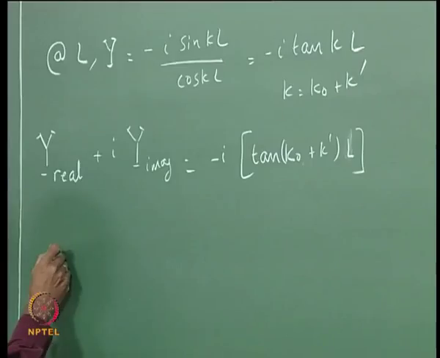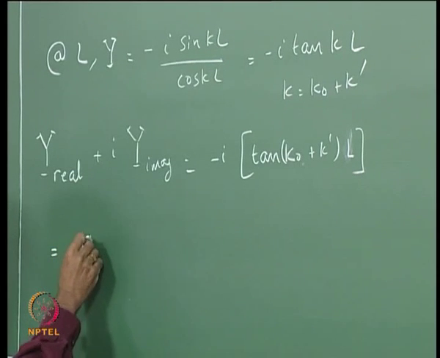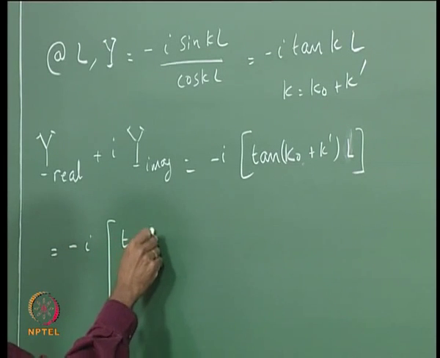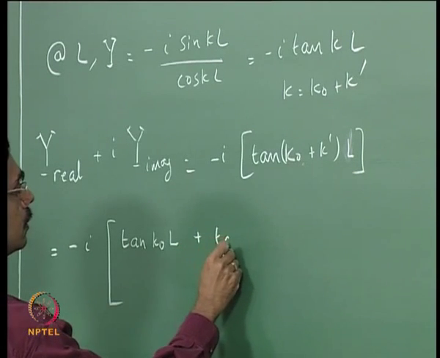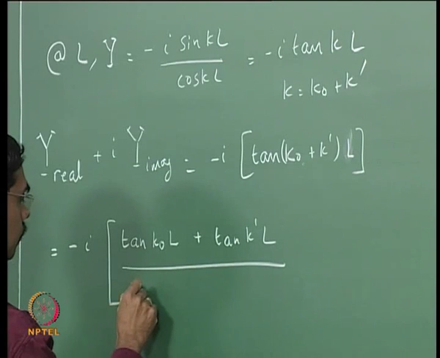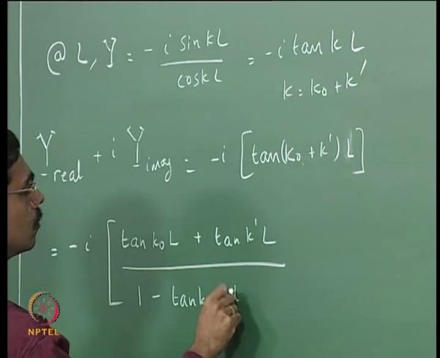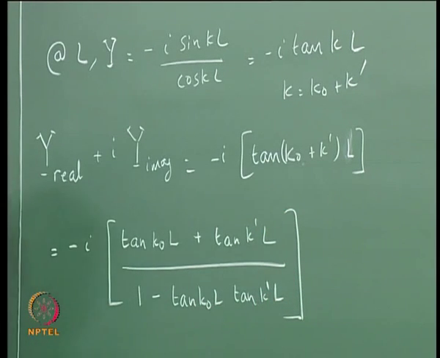This could be expanded out as minus i times tan k naught L plus tan k prime L divided by, and at this point I have not made any assumptions about what sort of quantity is k prime.